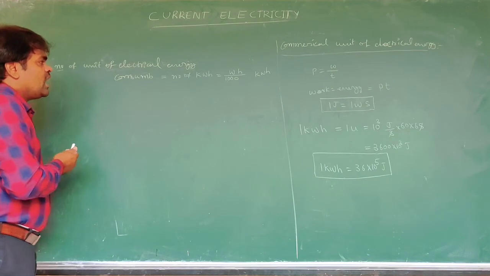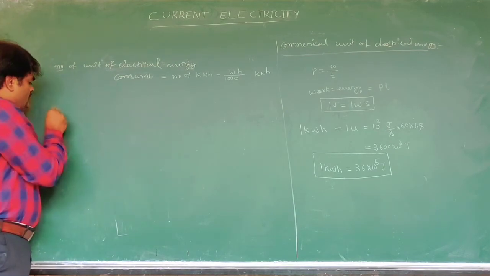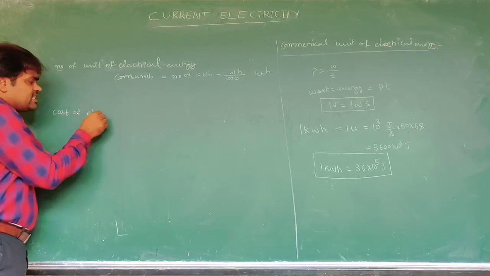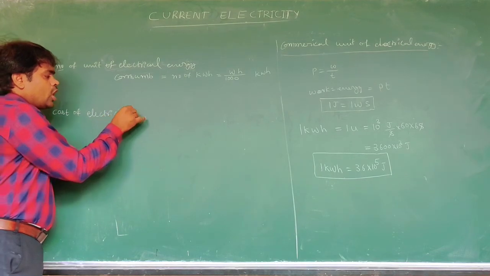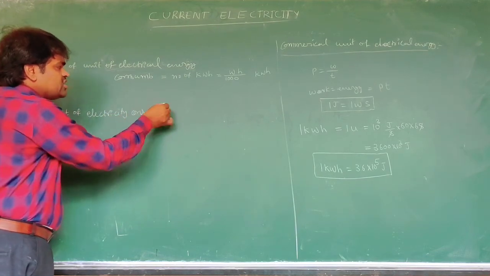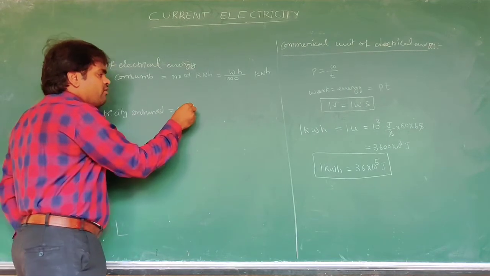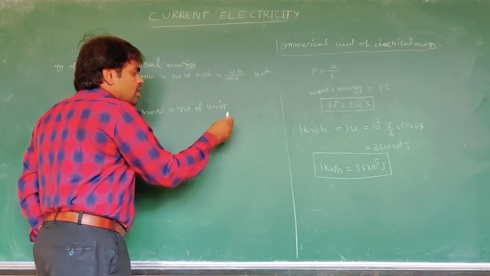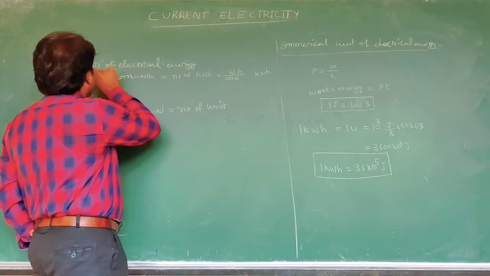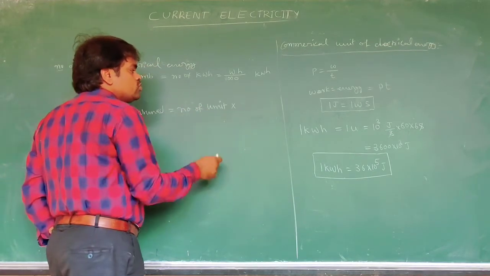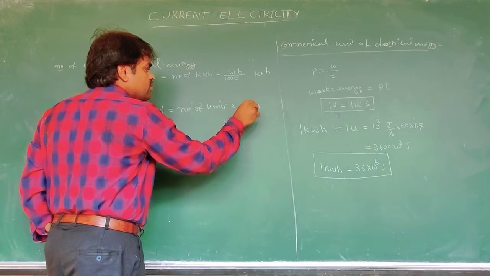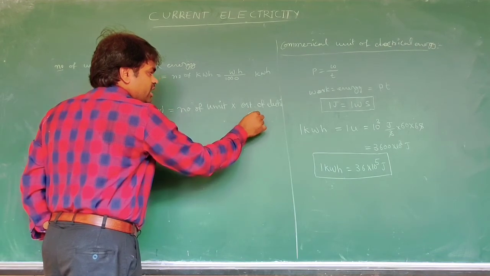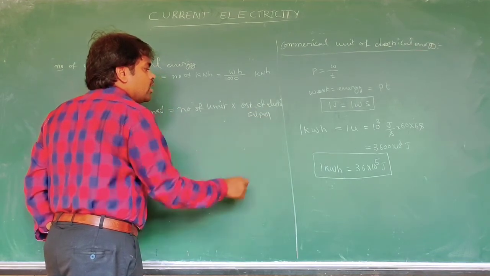That means here now, the cost of electricity consumed, or electrical energy consumed, is equal to the number of units consumed, number of units of electrical energy consumed, into the cost of electrical energy per unit.